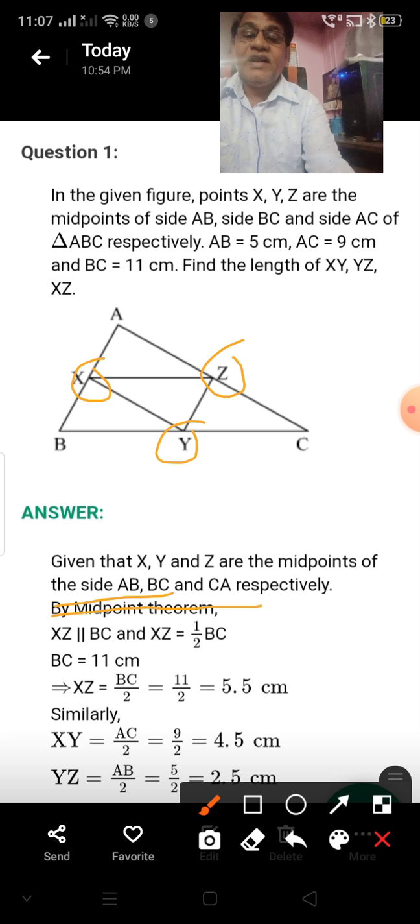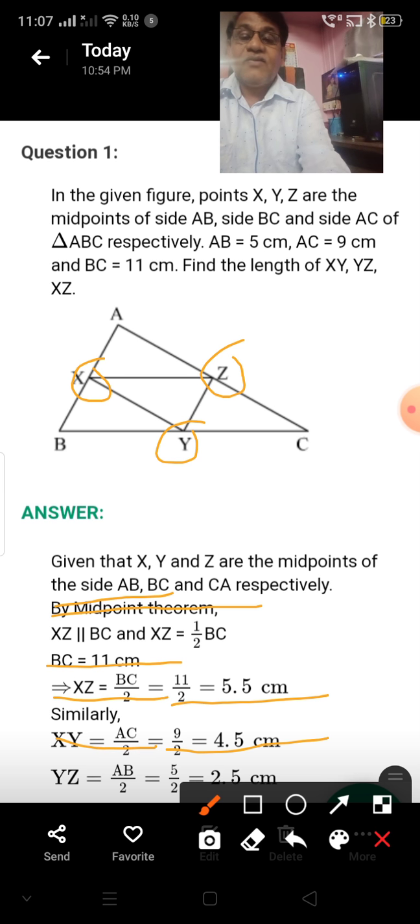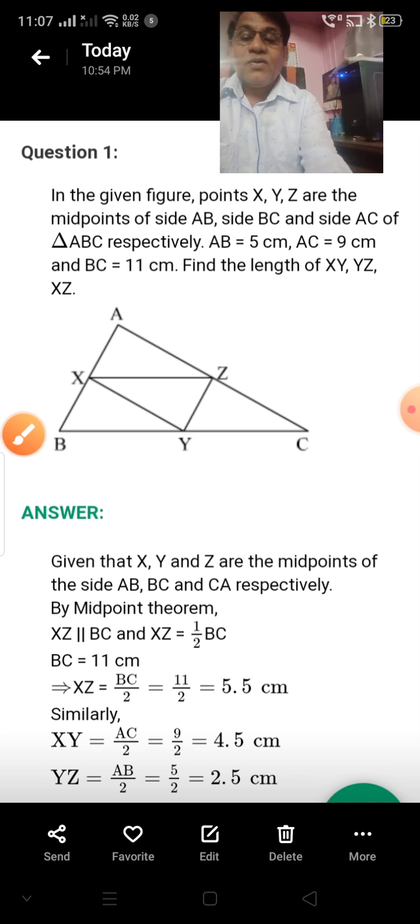BC is already given here as 11 centimeters. Therefore XZ is equal to BC by 2. It means 11 by 2, which is equal to 5.5 centimeters. Similarly, XY is equal to AC by 2. Therefore 9 by 2 means 4.5 centimeters. And finally the last one, YZ is equal to AB by 2.